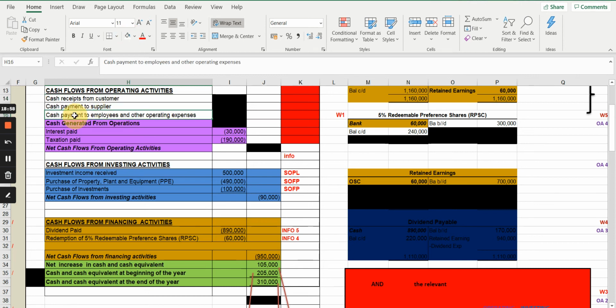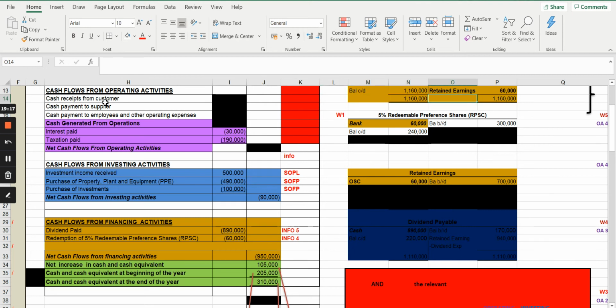So we're going to do this first, which is cash receipts from customers. Cash receipts from customers will be what you collect from your customers, from the services that you have provided or from the sales of goods that you have made earlier. And those collections are what you are interested in.